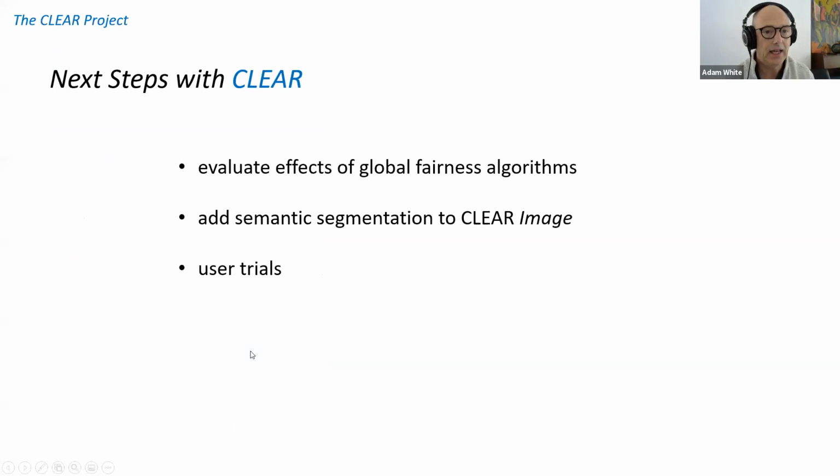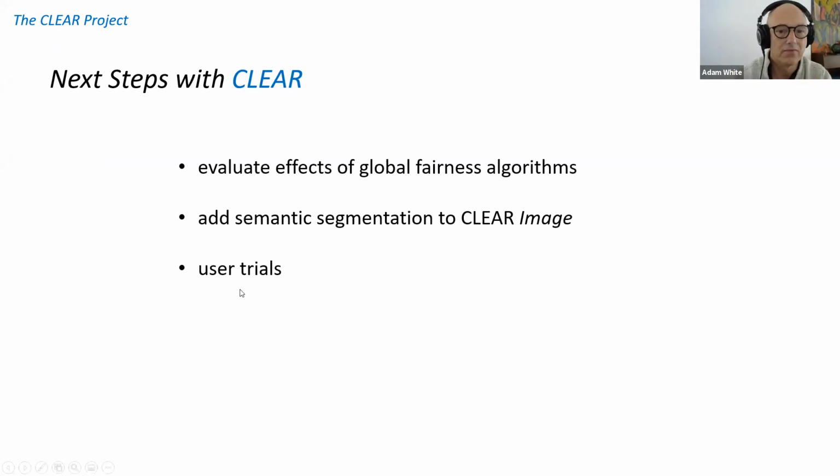And finally, next steps with CLEAR: we're just kicking off a project looking at fairness in AI, and we're particularly interested in some of the global fairness algorithms. We're going to use CLEAR to look at the details of how these algorithms are adjusting predictions. We also want to add some semantic segmentation to CLEAR Image.